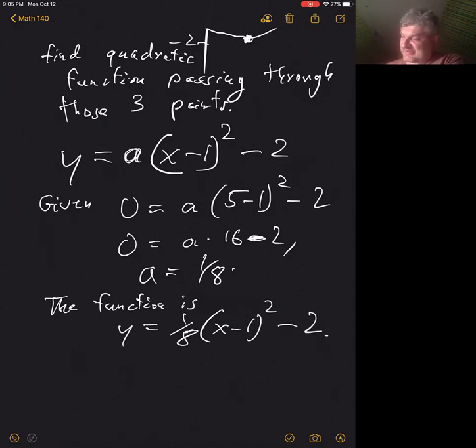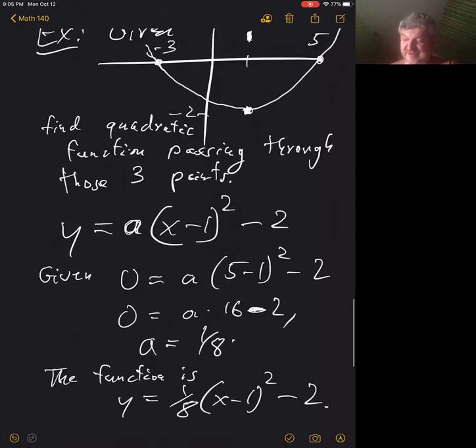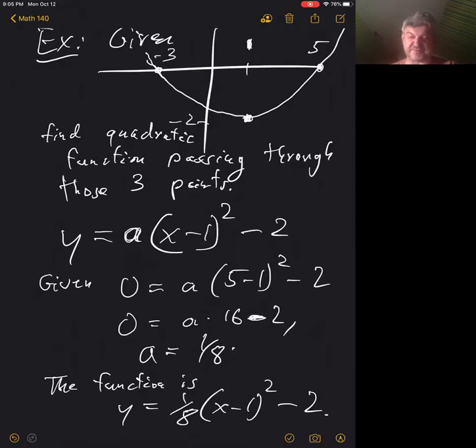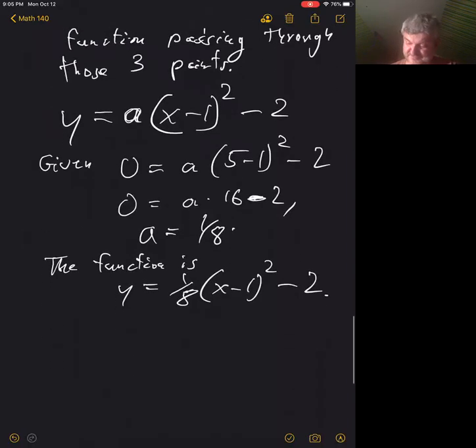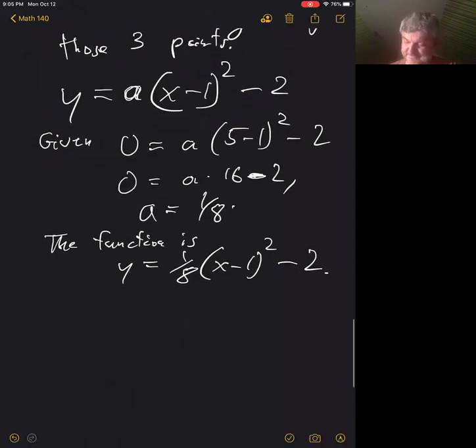Okay, a couple of things about the general features here that we keep using. The special point, which was 1, -2 in these examples, and generally it's p, q, is called the vertex of the parabola.